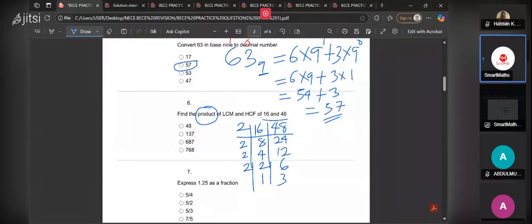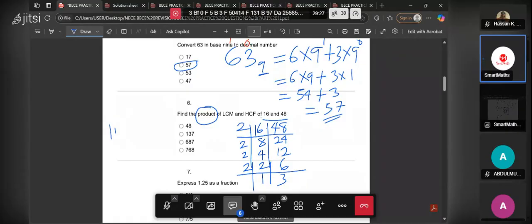So there's no number that can go into 3 and 1. So our HCF will stop here. So you multiply. HCF will then be 2 times 2 raised to power 4, which gives 2 times 2 is 4, 4 times 2 is 8, 8 times 2 is 16.